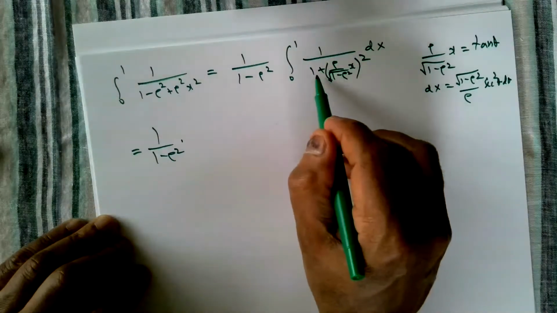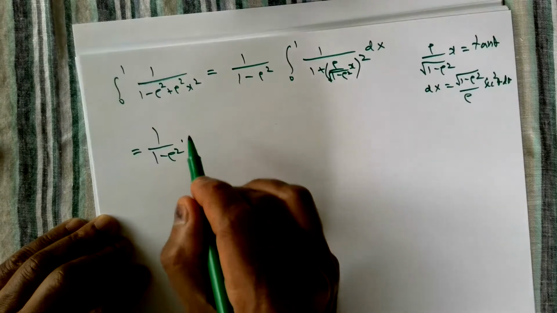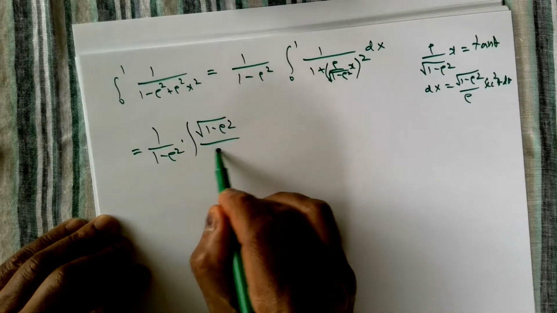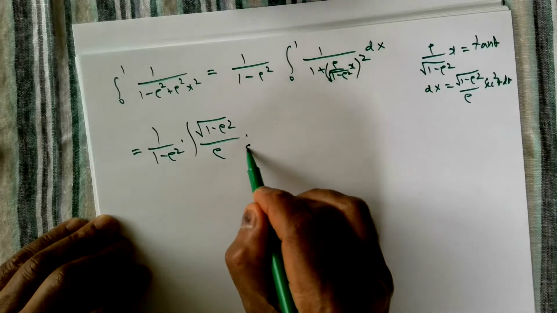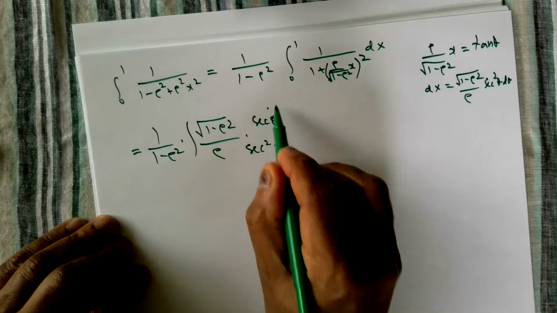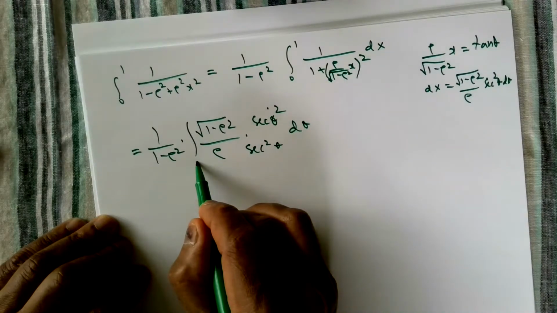And this is going to be 1 plus tan squared, that's sec squared, in the denominator. In the numerator is going to be the square root of 1 minus rho squared over rho, then you have sec squared theta d theta.